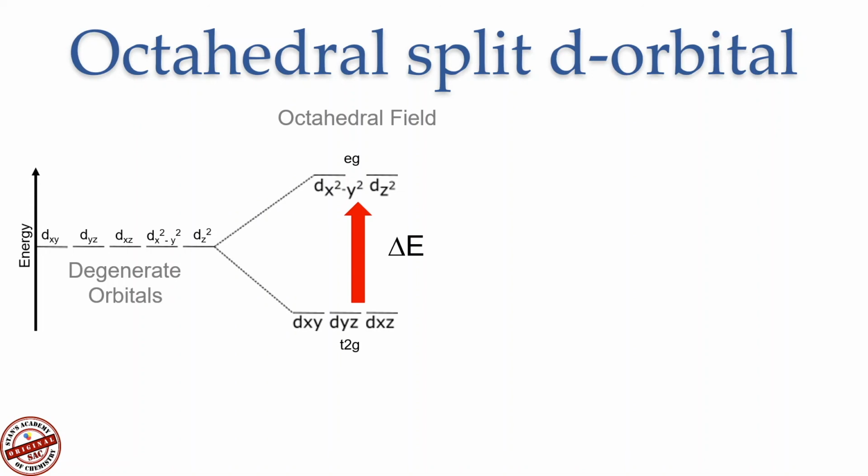In the T2g level of orbitals, the electrons are at a lower energy level, and if you subject it to some kind of radiation, the electrons in this level can absorb the energy and move to the higher energy level, that is the Eg level. Imagine you have a beaker containing some transition metal complexes.